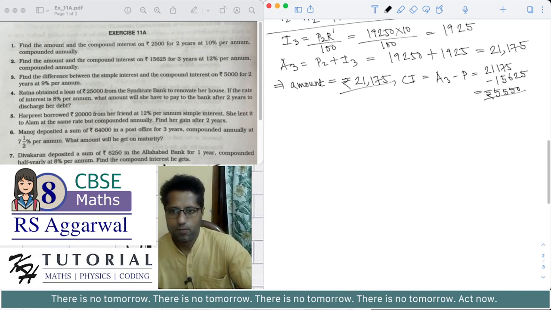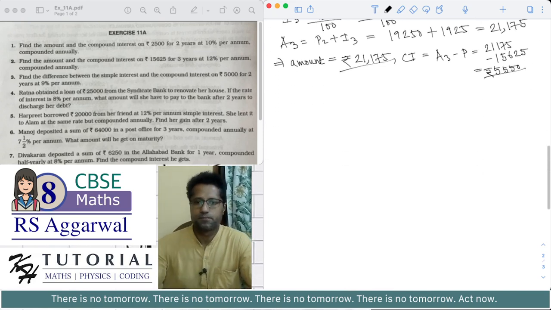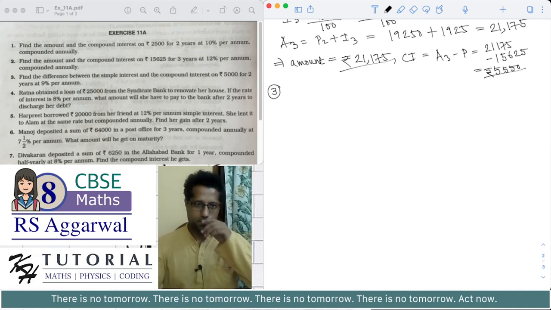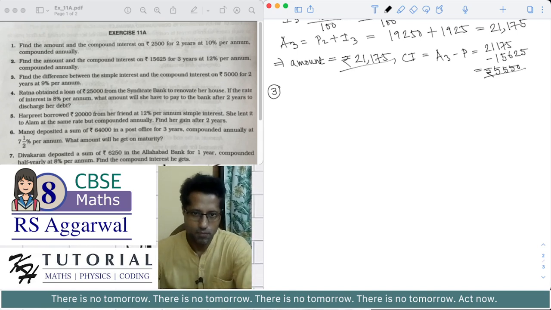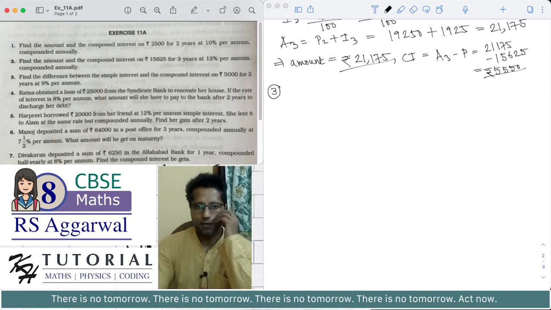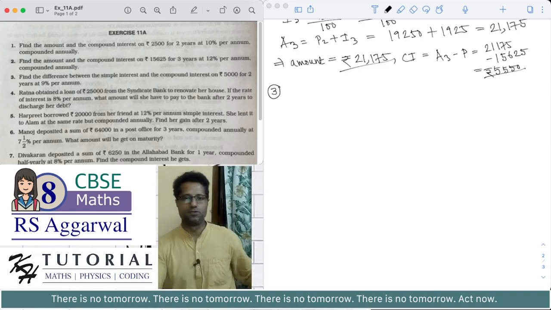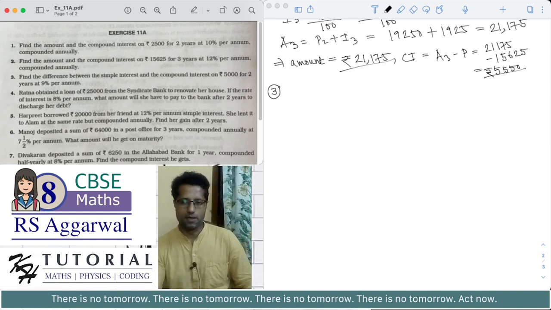Okay, let's do problem number 3. Find the difference between the simple interest and the compound interest on rupees 5,000 for 2 years at 9% per annum. Now, we know how to calculate the simple interest based on the principal amount, the time, which is 2 years, and the rate of interest per annum.